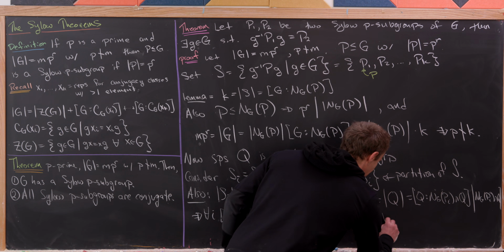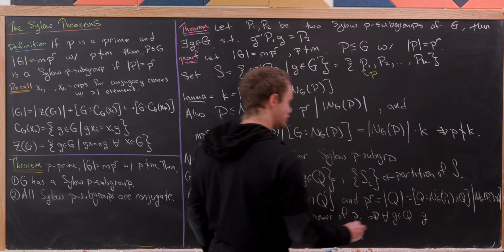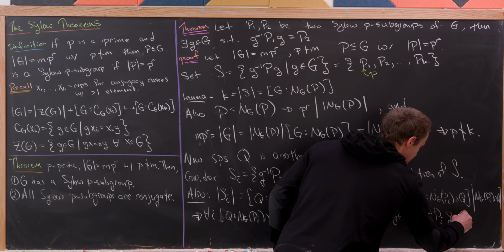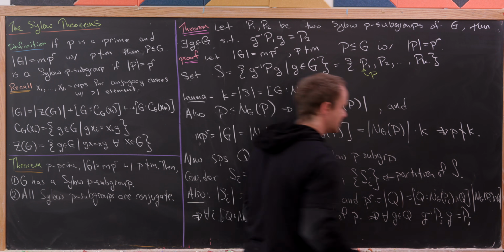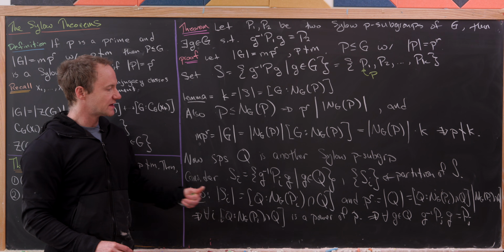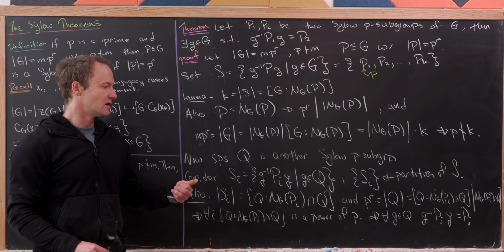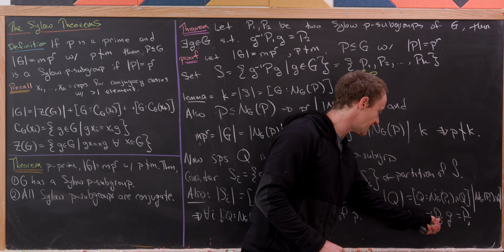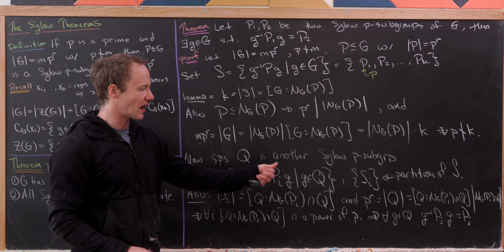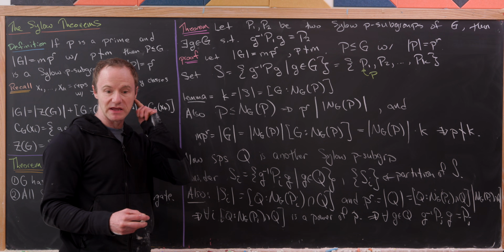So that means that for all little g in Q, we have g inverse P_j g is equal to P_j. Well, let's notice that g has order a power of a prime. But if we do this conjugation with an element of prime-power order and we end up back in that Sylow p-subgroup, that means that element has to be in that subgroup.